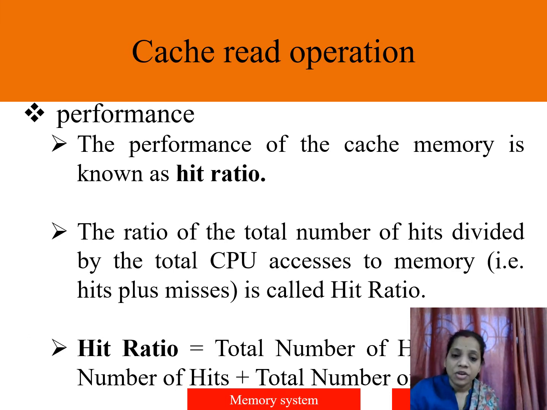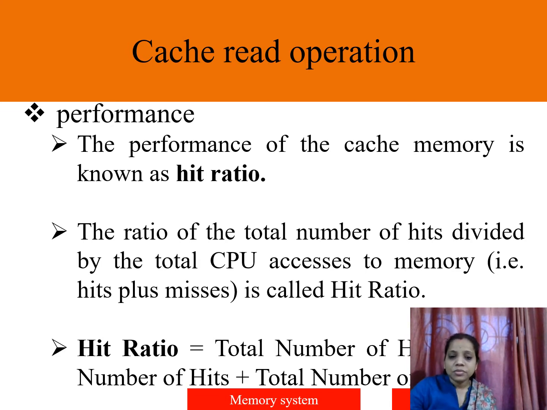What do you mean by hit ratio? The term ratio always means something divided by something. So hit ratio means we measure the cache memory performance by dividing the total number of cache hits by the total number of cache accesses.